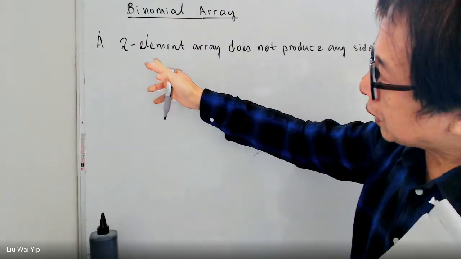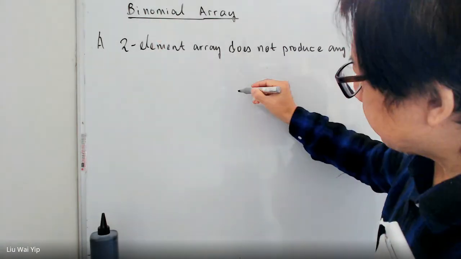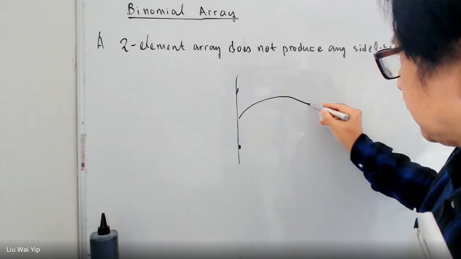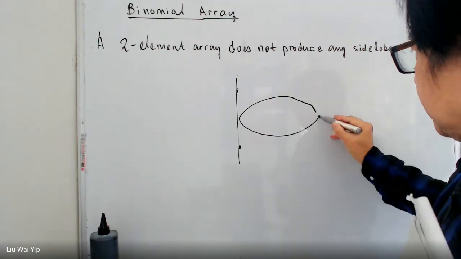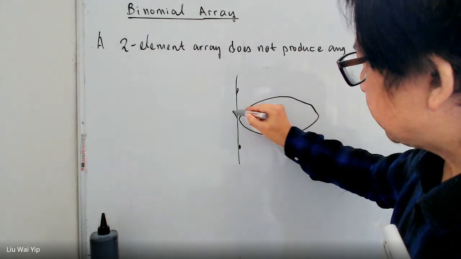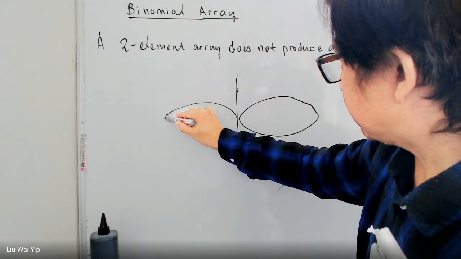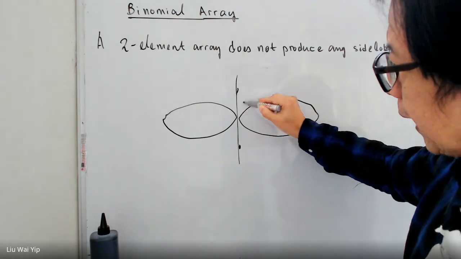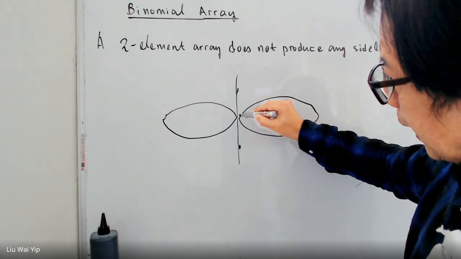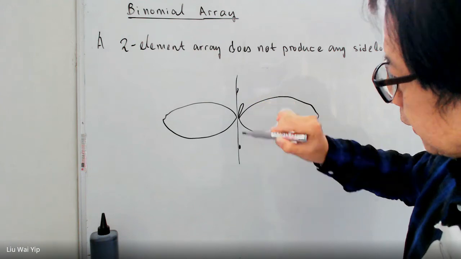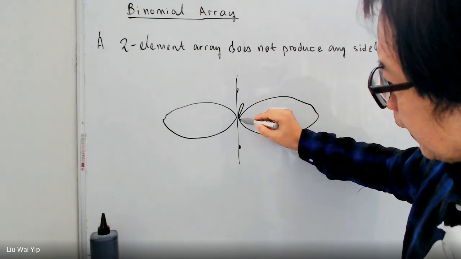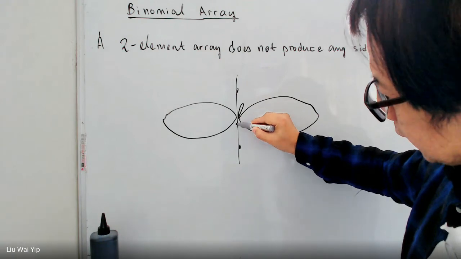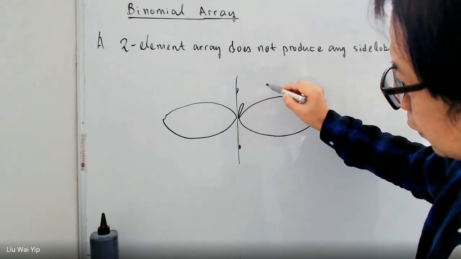First of all, if we have a two-element array, we will produce a radiation pattern like this. And there won't be any side lobe. By side lobe, I mean some of the radiation lobes here are pointing to the unwanted direction.